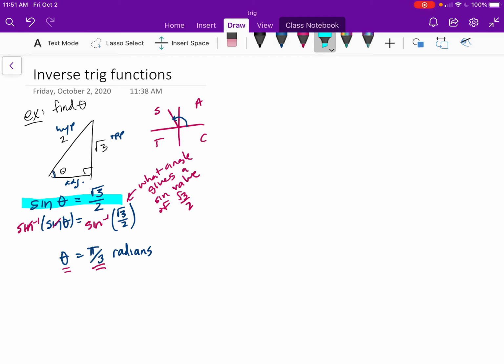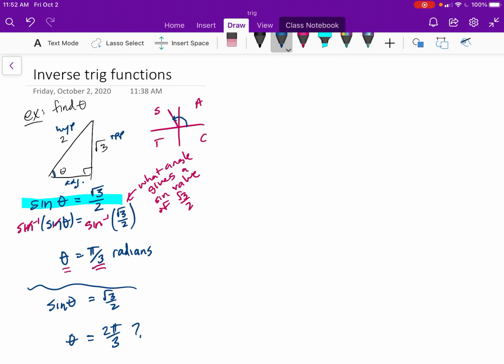I mean, are you wrong if you told me that theta is the angle in quadrant 2, which would be, what, 120 or 2 pi over 3? Sorry, I had to think about that for a second. So if I just gave you that problem, sine theta equals root 3 over 2, what is wrong with telling me theta is 2 pi over 3 or 120 degrees?